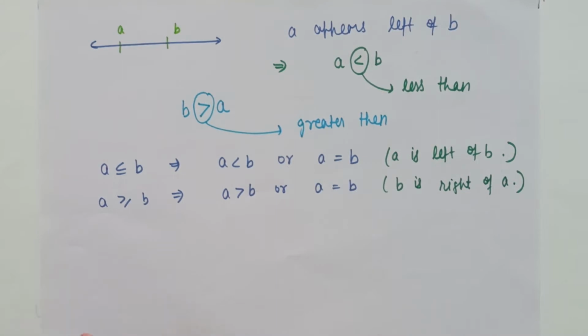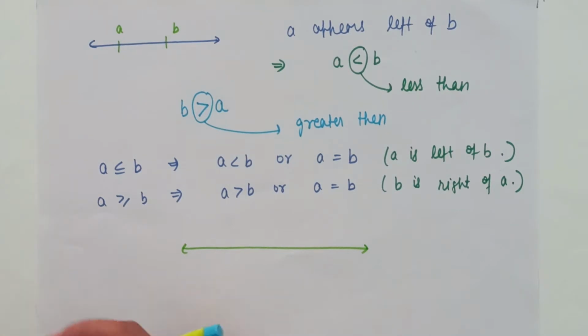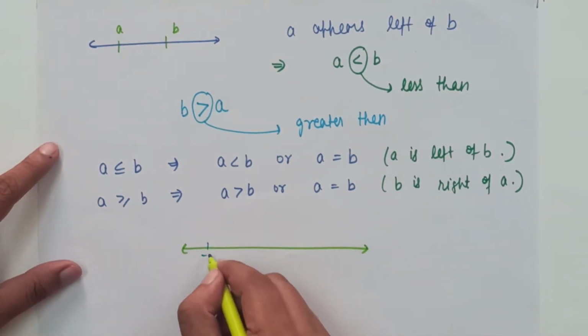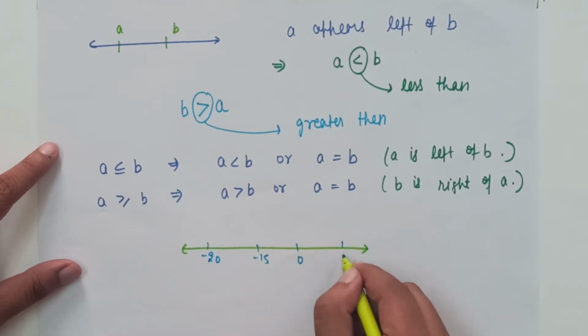For understanding this more deeply, let's take a simpler example. Suppose we have a number line again with various points on it: -20, -15, 0 and 5.